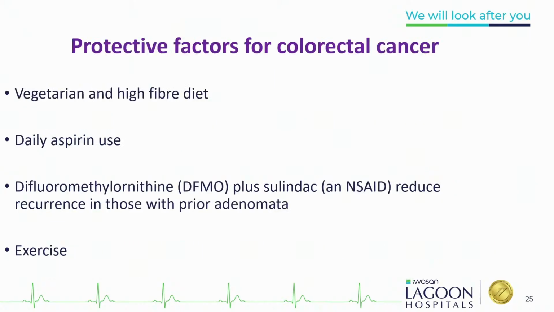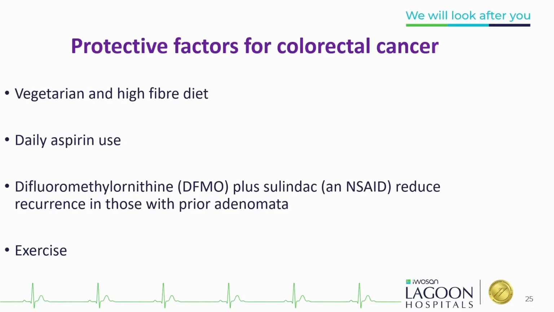Next slide. Okay, this is the important part. Colorectal cancer has a lot of epigenetic factors involved. So therefore, there are things we can do to reduce the risk. Mainly it is our lifestyle. Healthy food.